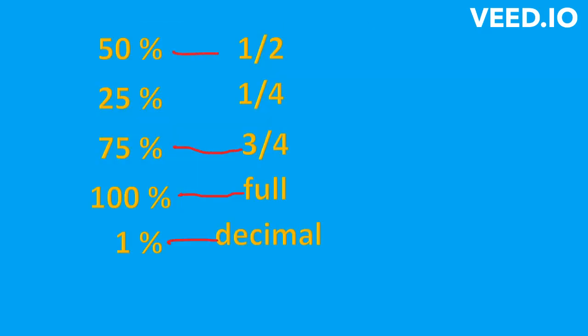So 50% means half, 25% means quarter, 1/4, 75% is 3/4, 100% is full, and 1% means from the right side you move backward 2 decimals.